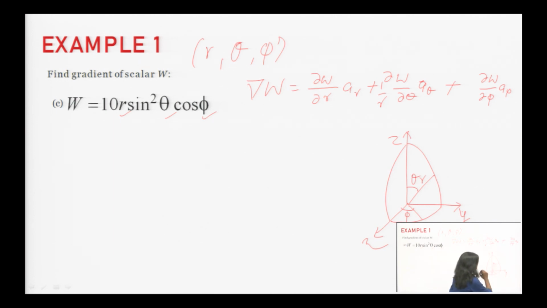So all the quantities are indicated here. Here you can see that theta is associated with r, that's why we have multiplied the theta term with 1 by r.